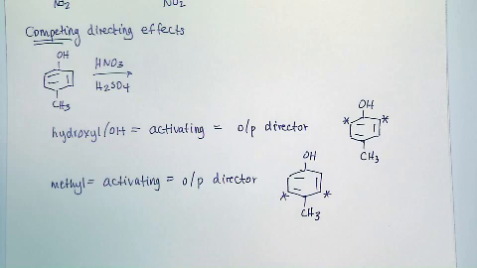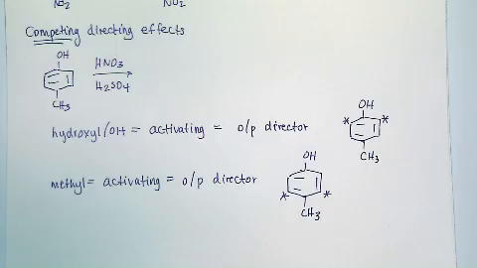So in this case, you need to reduce the group all the way down to the alkane to get the ortho-para director that you want in order to put the chlorine where you need it to go. Or you could do a Friedel-Crafts acylation to give you a meta director, put something in a meta position in another reaction, and then do this reduction and get rid of the carbonyl.